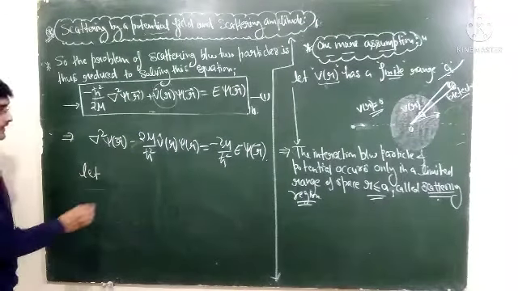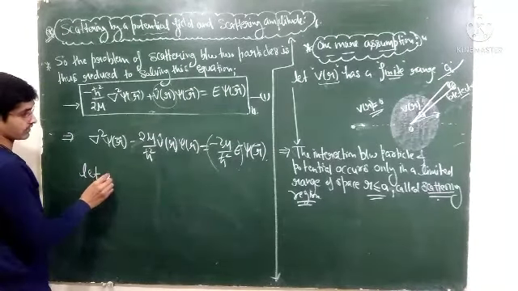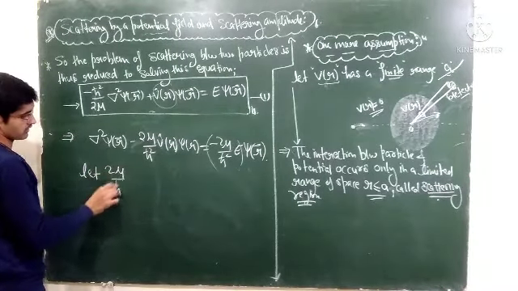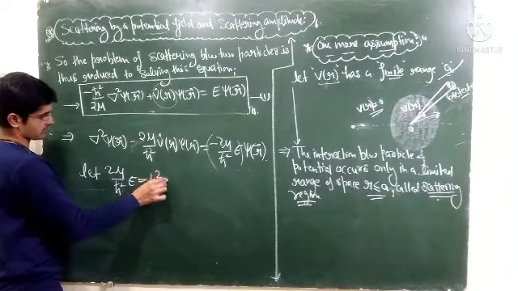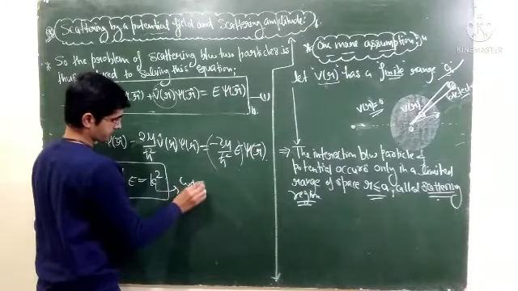Let this particular term be k naught square or k square, so 2 mu over h cross square into E is k square, where k is the wave number.